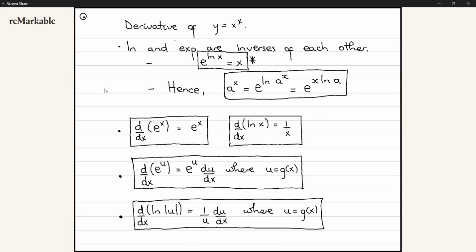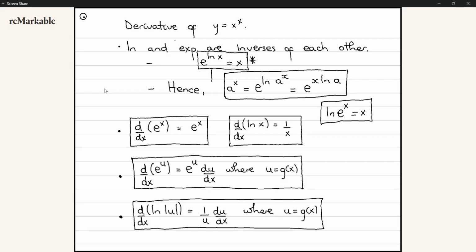Or if I first take the exponential of x and then I take the natural log, I get back to x. So those two things happen when functions are inverses of each other.